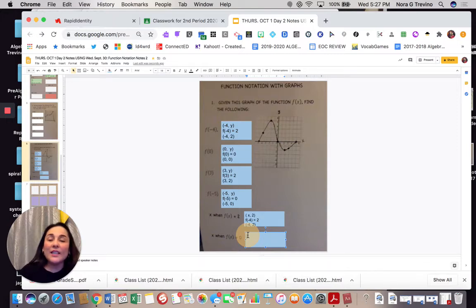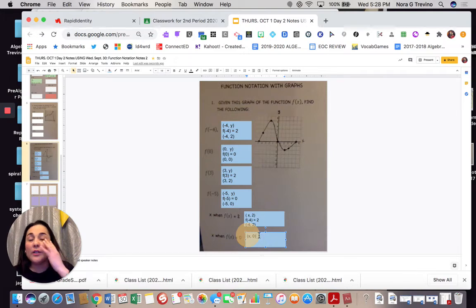F of x equals 0. So now I'm trying to tell you that the y is 0. So which ordered pair has a 0 for the y? So go to each of your ordered pairs. Negative 5, 0. Does that have a 0 for the y? It does, right?